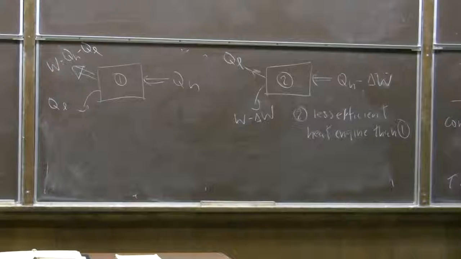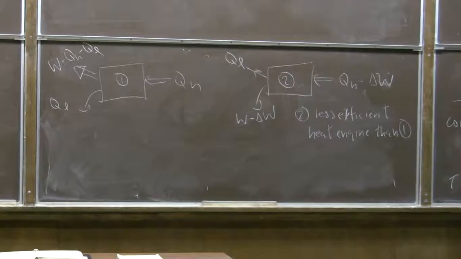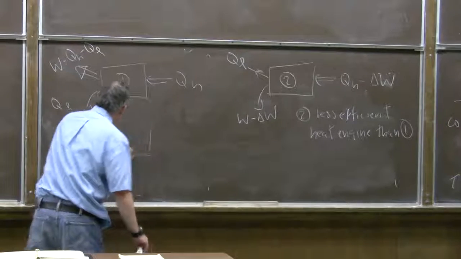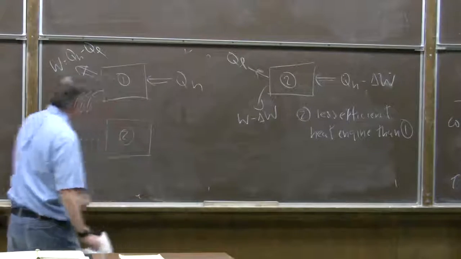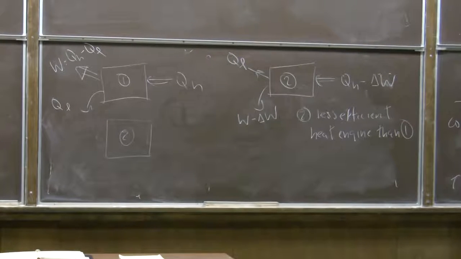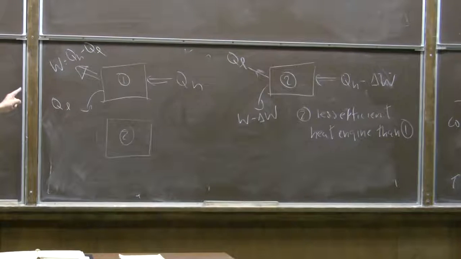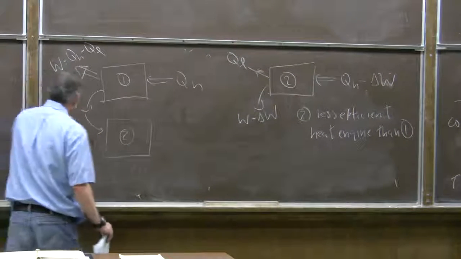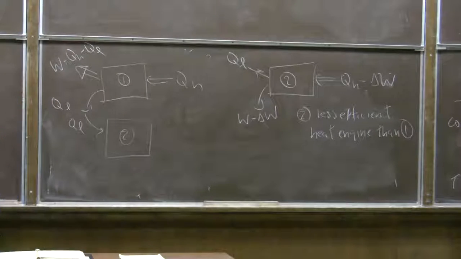But it's reversible, so let's imagine running it in reverse. I'm going to use it in series with heat engine 1, and I'm going to use it now as a refrigerator to pump the waste heat produced by heat engine 1 back to the high temperature reservoir. So QL comes in to heat engine, now refrigerator 2.